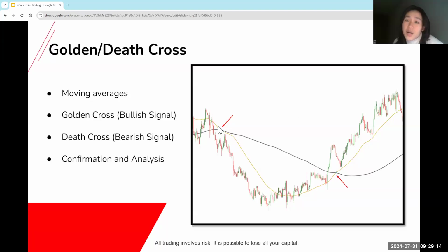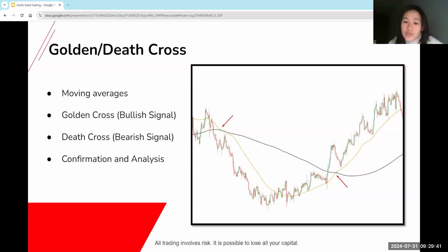For the first arrow, we see a death cross, which is a bearish signal. A death cross occurs when the shorter term moving average, again using the example of 50 days and 200 days, crosses below it. The crossover suggests that a potential shift from an uptrend to a downtrend might be occurring, indicating a possible selling opportunity.